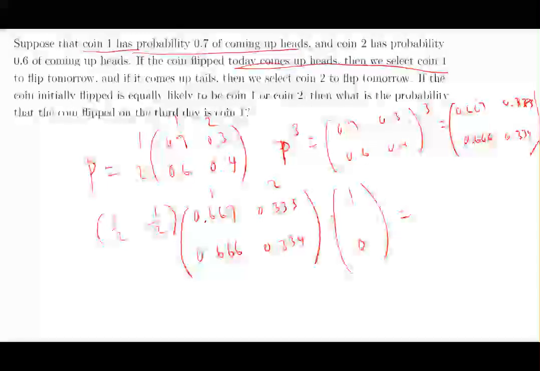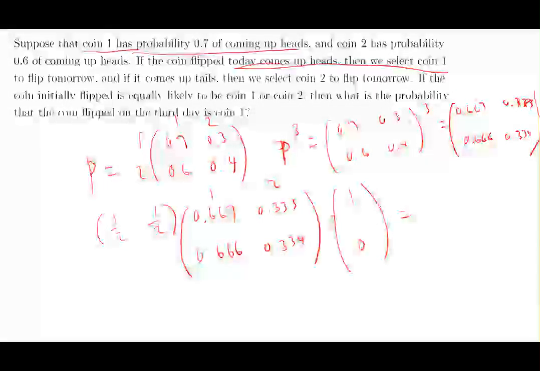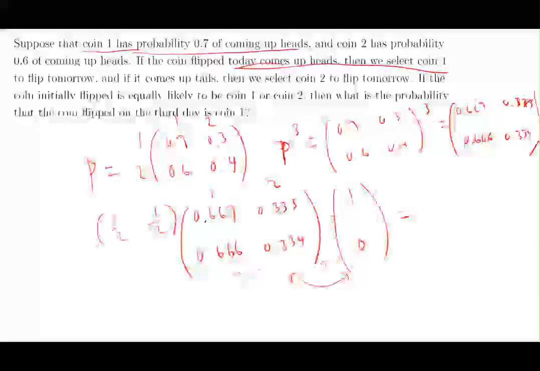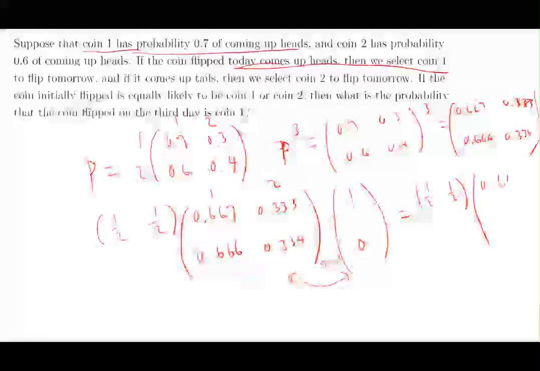Okay. So if I do that, we can actually multiply these two together first as well, because this is a 2 by 2 and this is a 2 by 1. So what you end up getting is 1/2, 1/2, and if you multiply these two matrices, you end up getting just the first column, 0.667, 0.666.